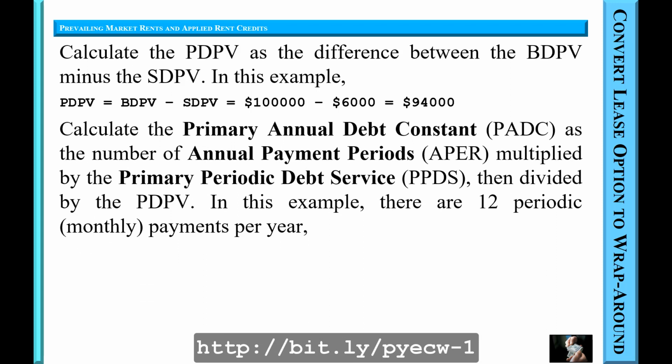Calculate the primary annual debt constant, PADC, as the number of annual payment periods multiplied by the primary periodic debt service, then divided by the PDPV. In this example, there are 12 periodic, that is monthly, payments per year.